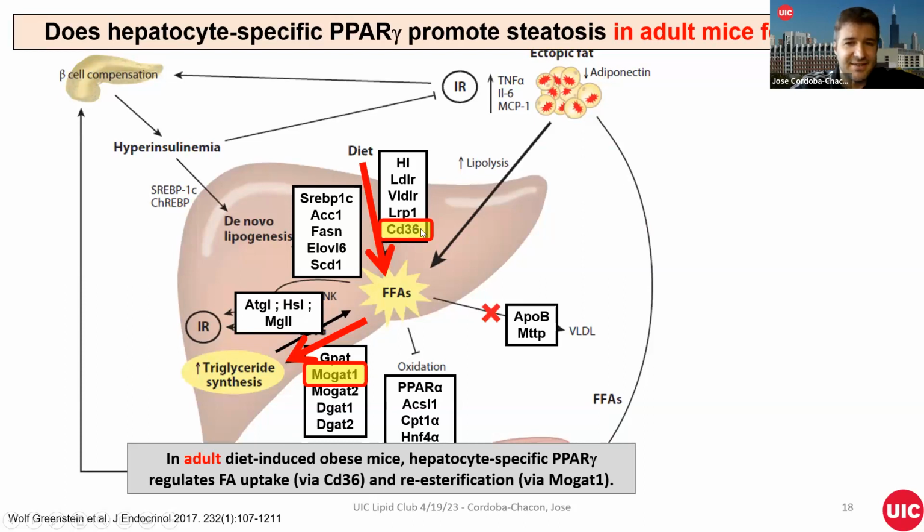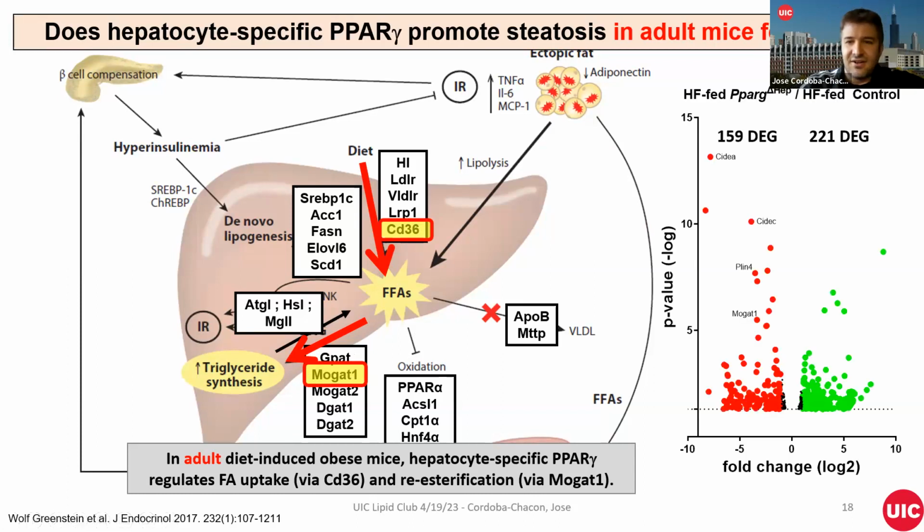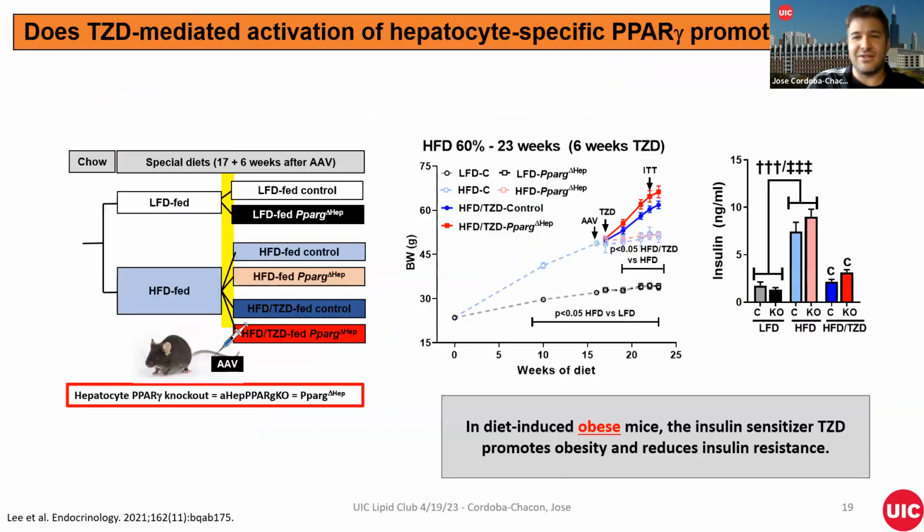CD36 is the fatty acid translocase, and MOGAT1 is involved in the re-esterification of fatty acids from monoacylglycerols to diacylglycerols. Also, these genes popped up in the RNA-seq that we ran afterwards, which also identified additional PPAR gamma specific targets that are way more sensitive to the knockouts.